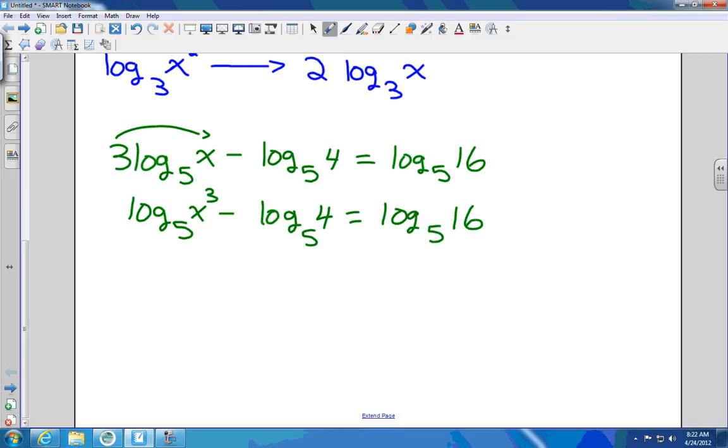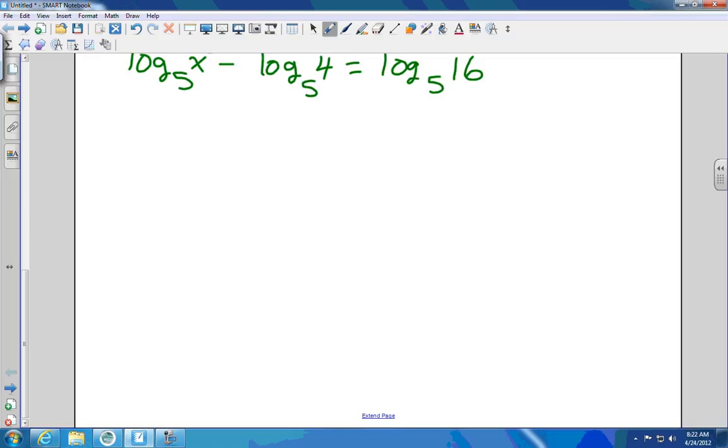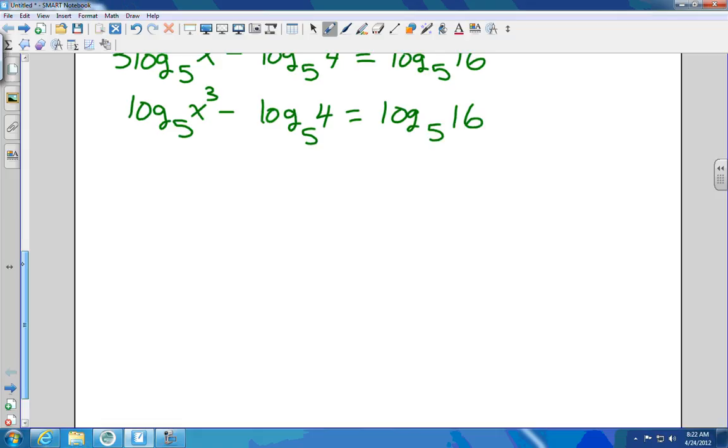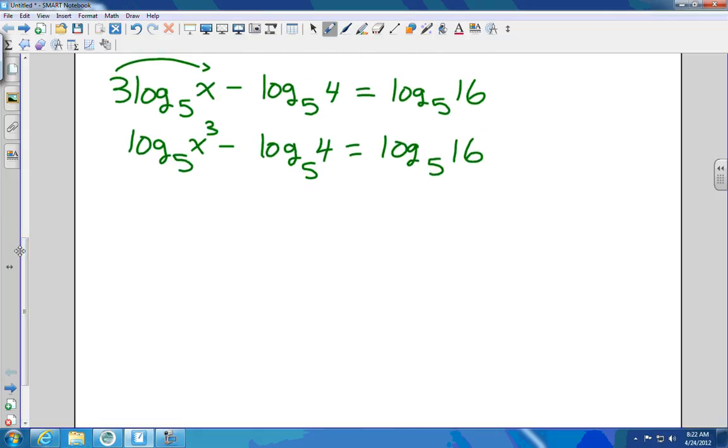So what other rule do we see? Right, the minus becomes a division. So you're going to rewrite this side as log base 5 of x to the third over 4 equals log base 5 of 16.